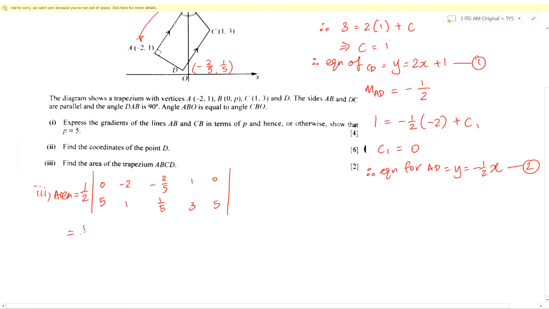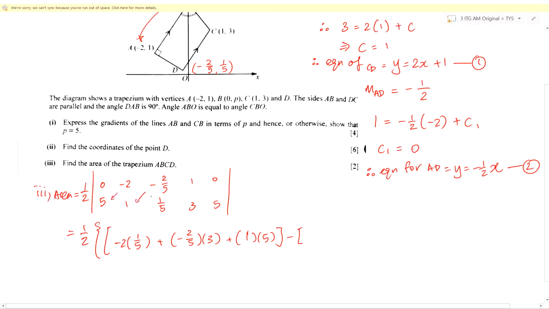And now we have to evaluate this. So multiply these numbers. So half, draw a big bracket, 0 multiplied by 1, don't bother writing, negative 2 and 1 over 5 plus negative 2 over 5, 3 plus 1 multiplied by 5. So this is going to subtract. Now we're going to work in the other direction.